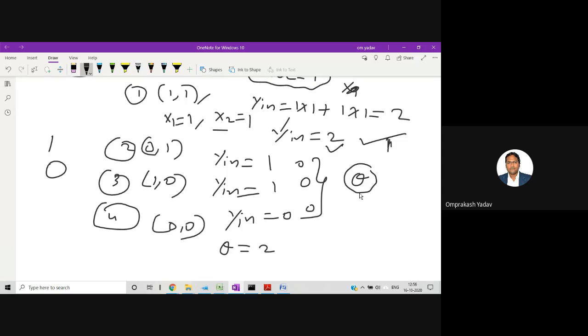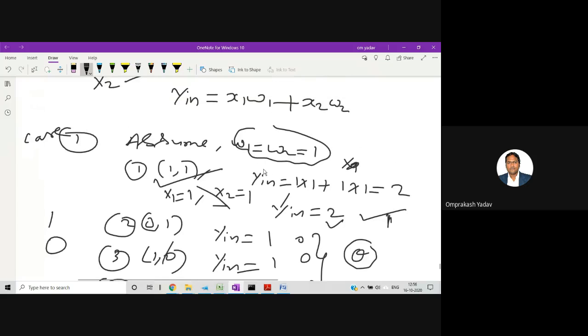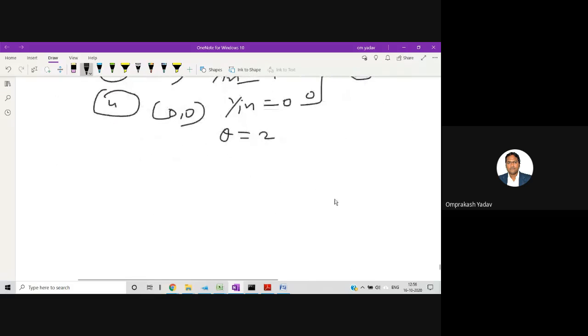So if we see here, we are easily getting the output 1, that is the excitatory signal for the first pair, and for the rest of the conditions we are getting 0. So that means whatever weights we assumed, 1 1, that was right. And then we can finally consider this as the final thing.